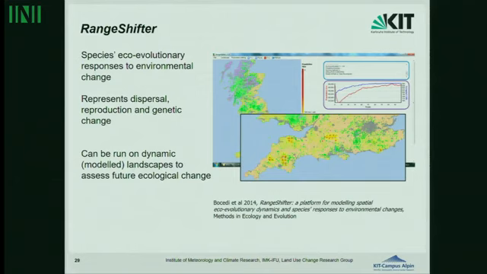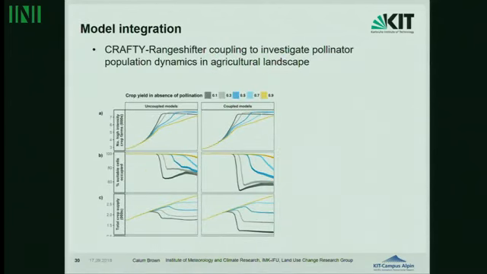And we've done an initial combination of that model with the CRAFTY ABM of land use that I just showed you. In this case, we applied it to a hypothetical example of pollinator populations in an intensifying agricultural landscape.